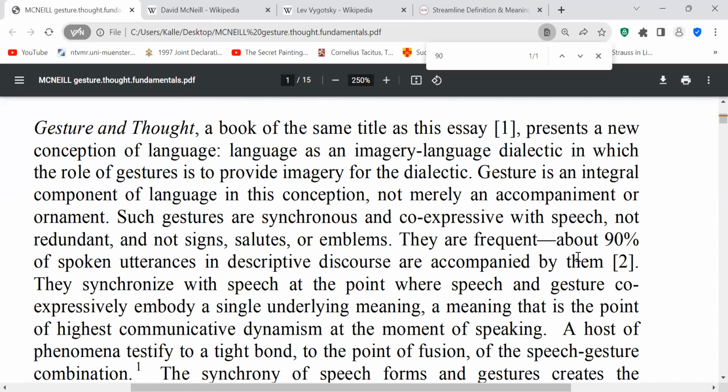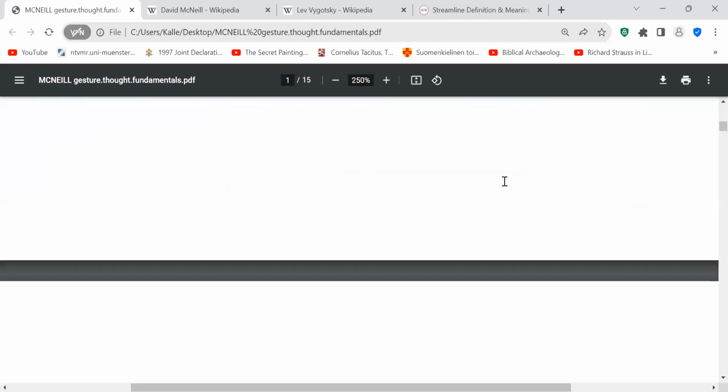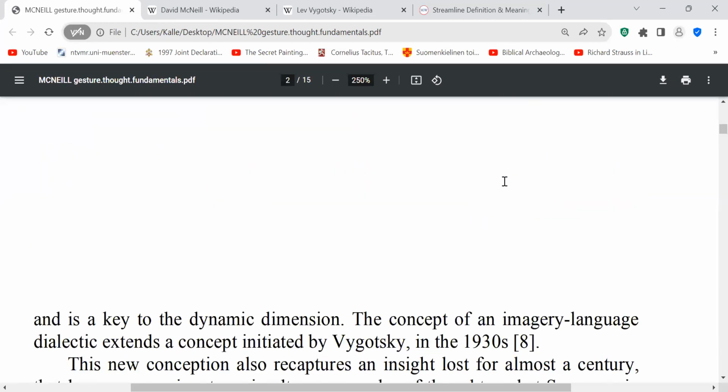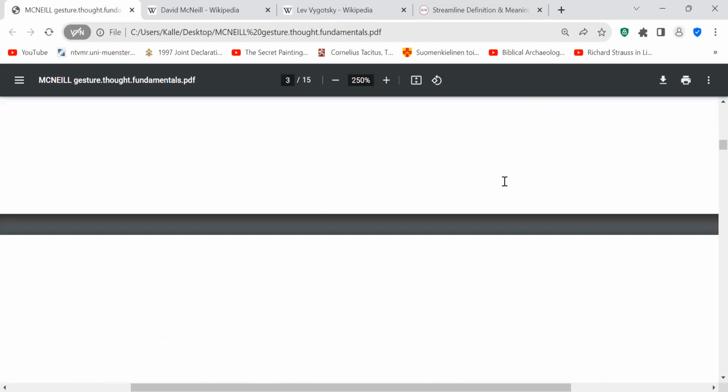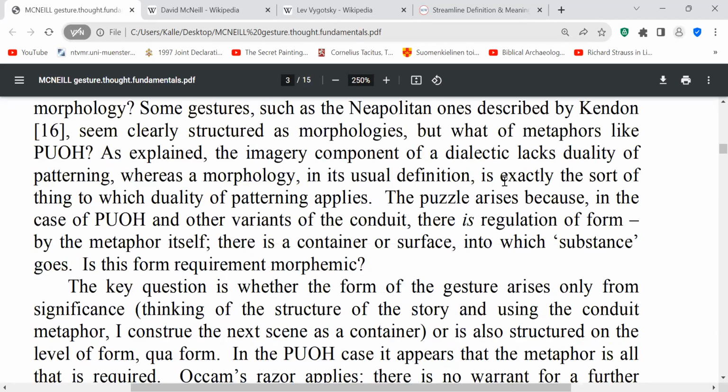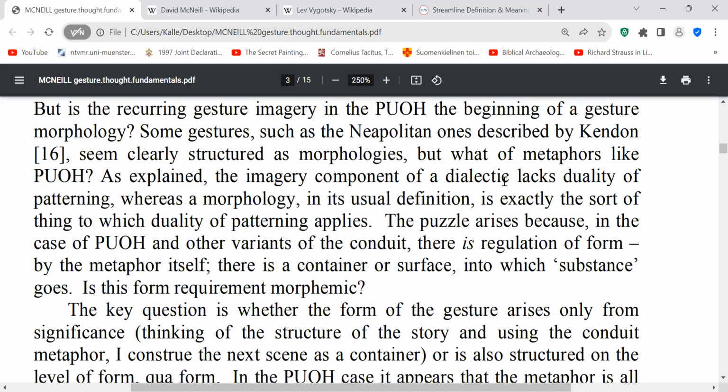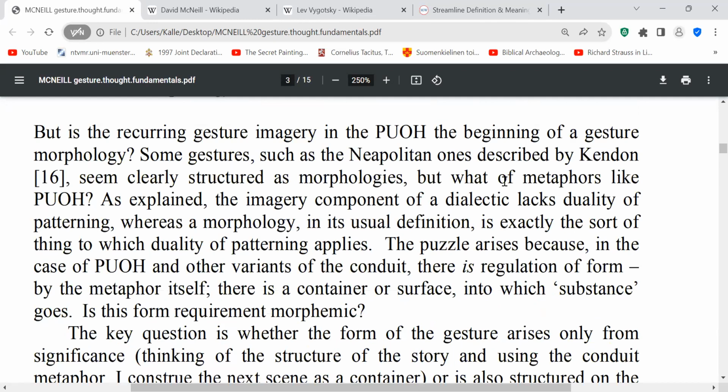The palm is a container. It's a conduit metaphor, and it does not work morphemically.